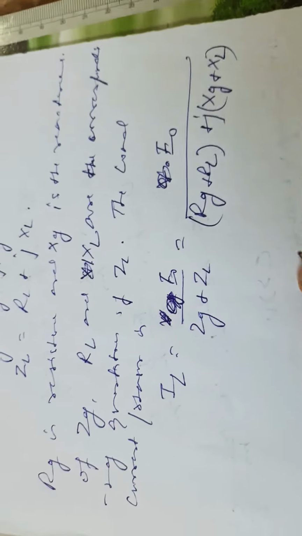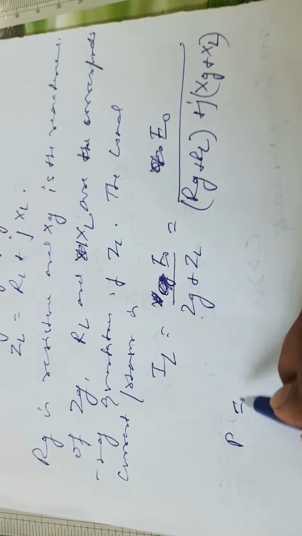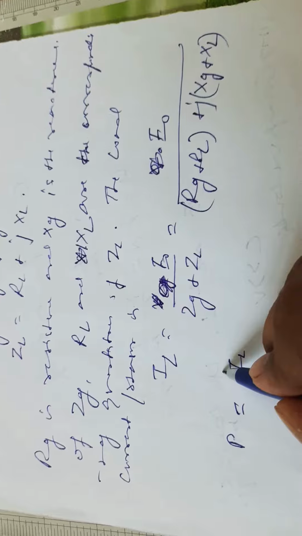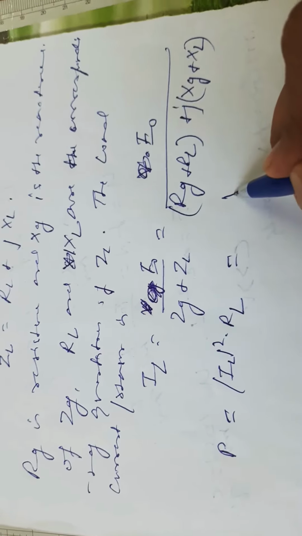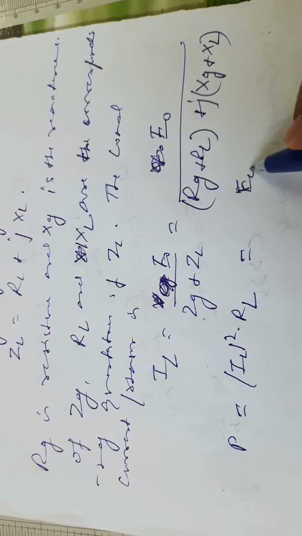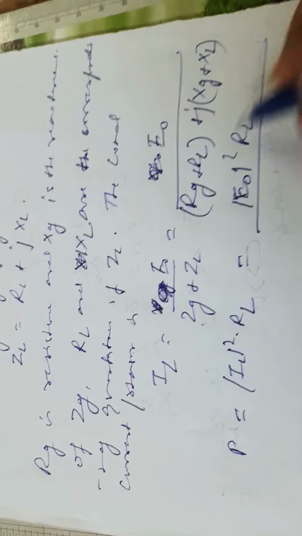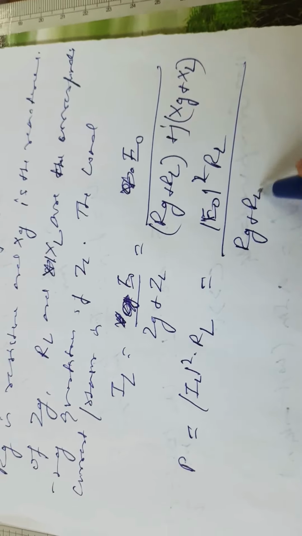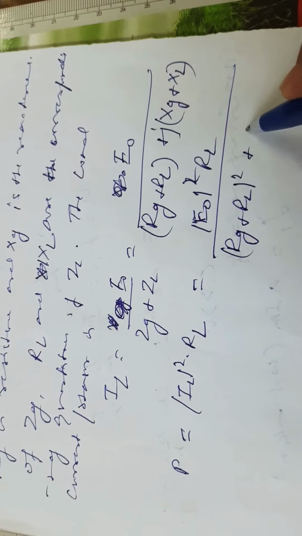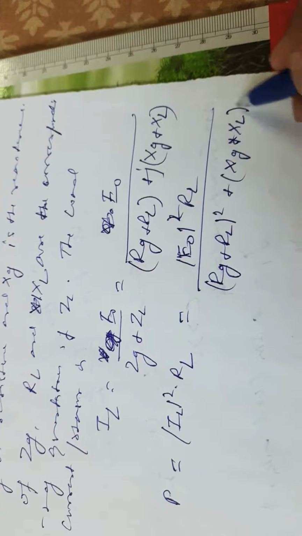Now the power delivered to the load is given by P is equal to IL square into RL, which is equal to mod of E naught square RL by Rg plus RL whole square plus Xg plus X subscript L whole square.